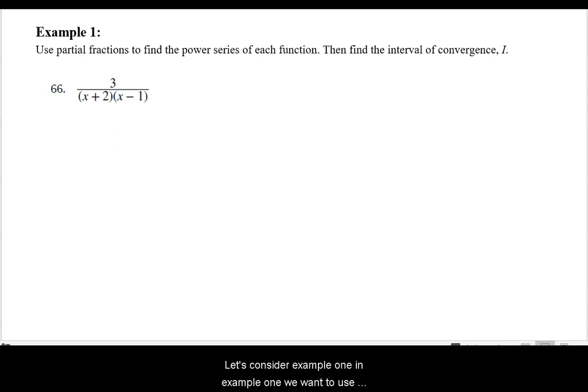In example 1, we want to use partial fractions to find the power series of each function. Then we will find the interval of convergence, I. Our function is 3 divided by the two binomial quantities x plus 2 times x minus 1. First, we need to use partial fractions to separate it into two separate fractions.